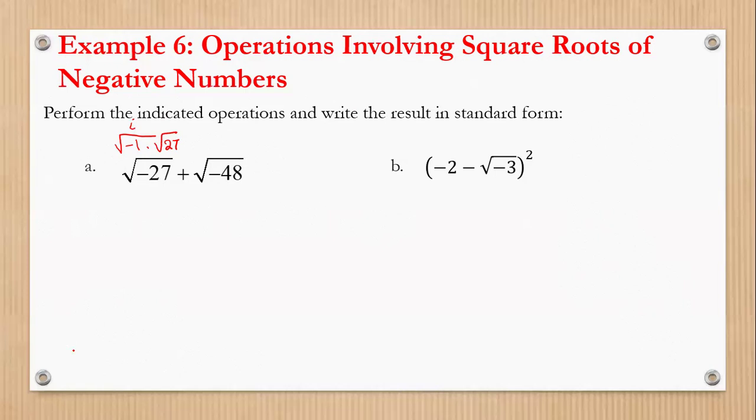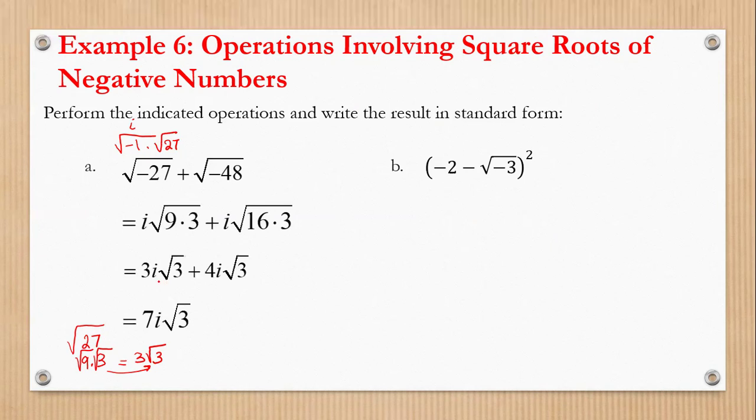I know that 27 is 9 times 3. So the square root of 27 is the square root of 9 times the square root of 3. The square root of 9 is just 3 without any square root, but this one stays the same. So we have I times 3 root 3, which is 3I root 3.